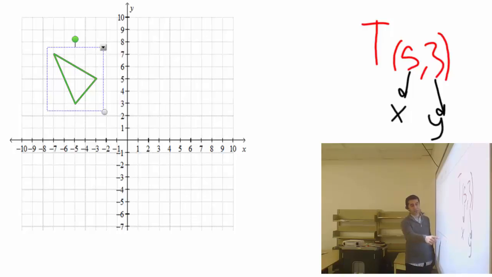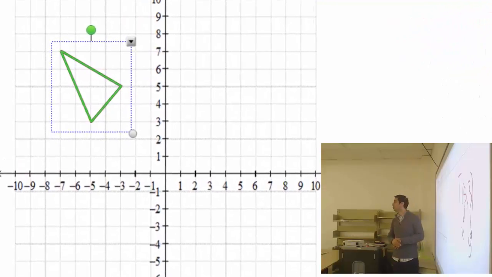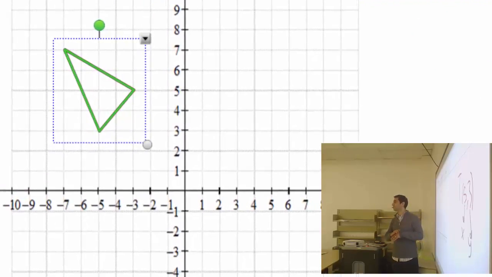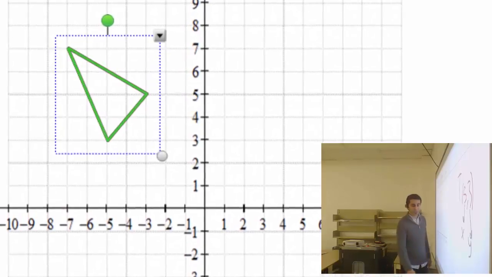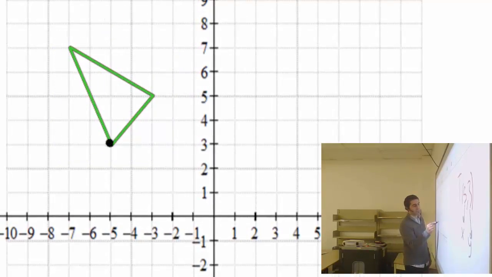How do I find the new X, Y? Just pick a corner. That's the trick. There are 3 corners here, right? You will either pick this corner, or this, or that. You won't make a mistake. It doesn't matter which one you pick.